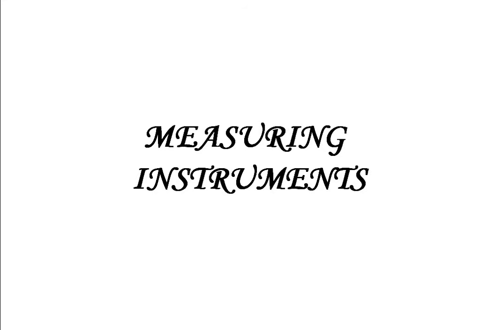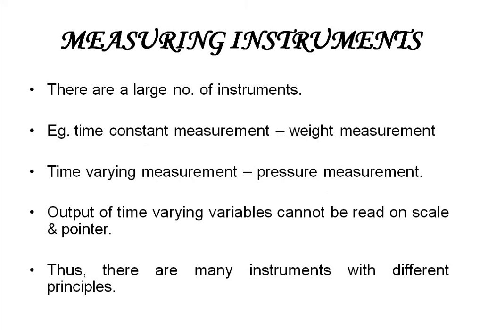The next part will be measuring instruments. For measuring instruments, we have a classification. Before going into it, let us look at what measuring instruments are. There are a large number of instruments. For example, time constant measurements, like weight measurements.